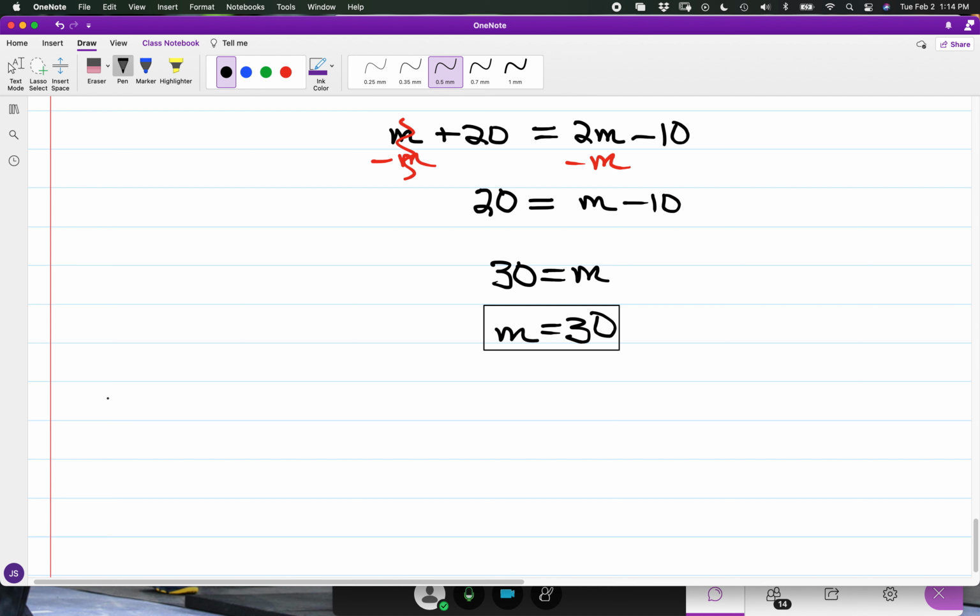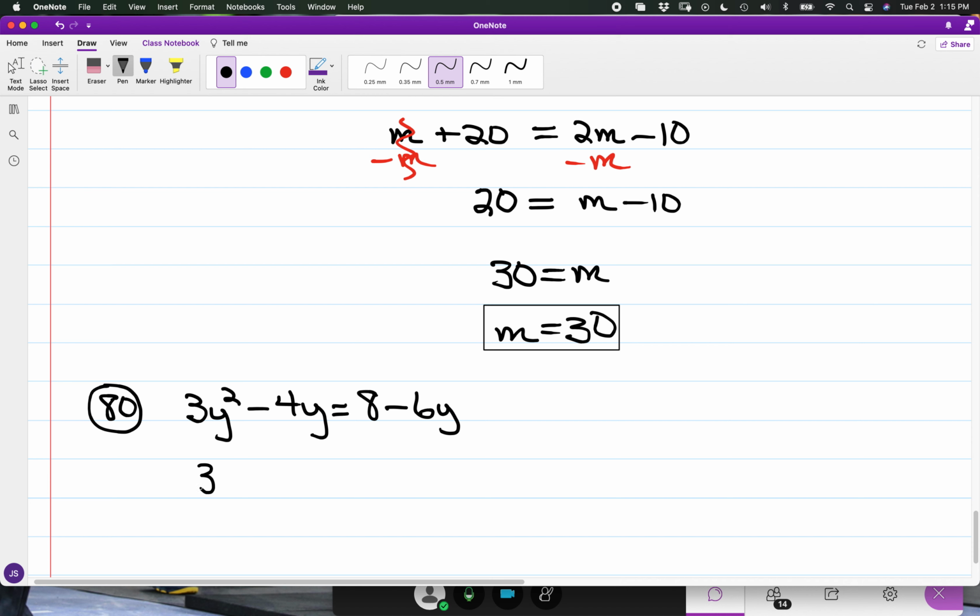And in the case of 80, you have 3y squared minus 4y is equal to 8 minus 6y. So you have only the variable y, and you have a quadratic equation, but we don't have this one in standard form. That is, we don't have the equation set equal to 0.